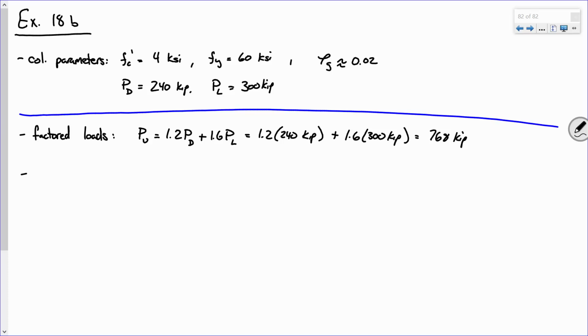Now, this is a circular or a spirally reinforced column.